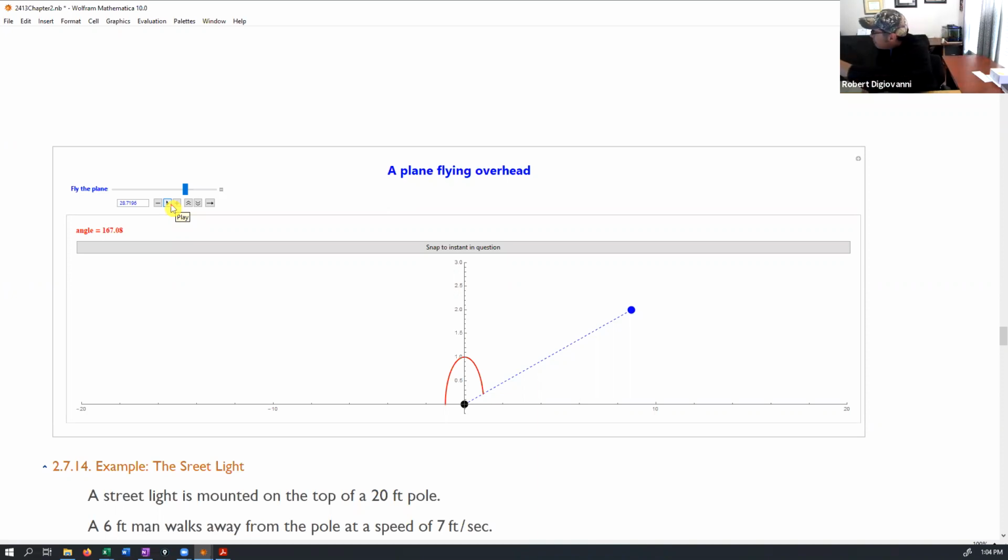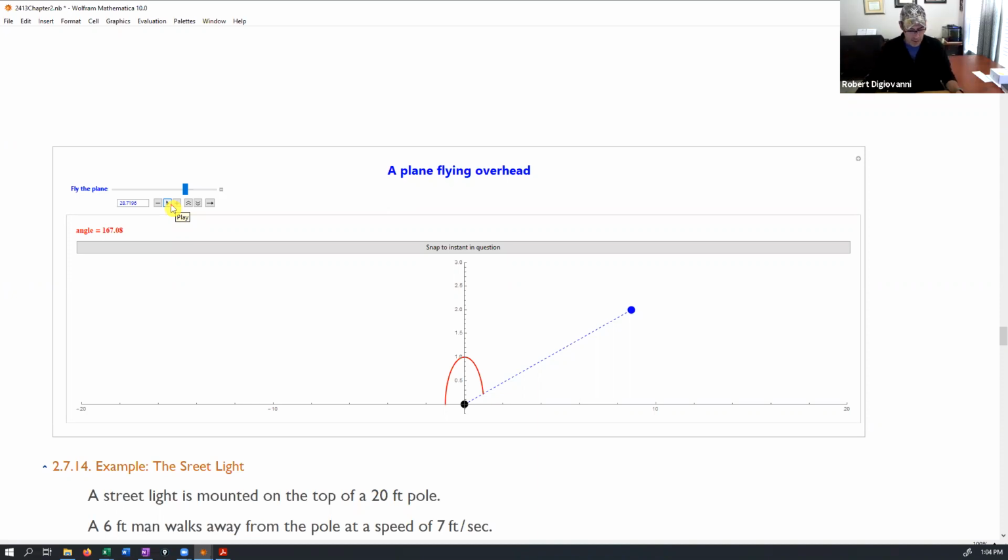And in the middle there, your head is turning faster, but as it gets further away, your head doesn't have to turn as fast to keep up with the car. Hopefully that makes sense to you. The rate of change of the angle is not constant. Even though the car or the plane might be driving by at a constant speed, your head is not turning at a constant speed. Does that make sense?